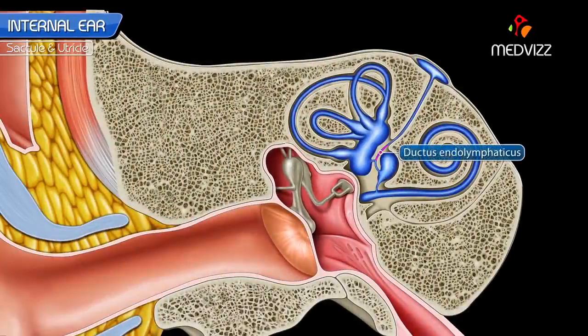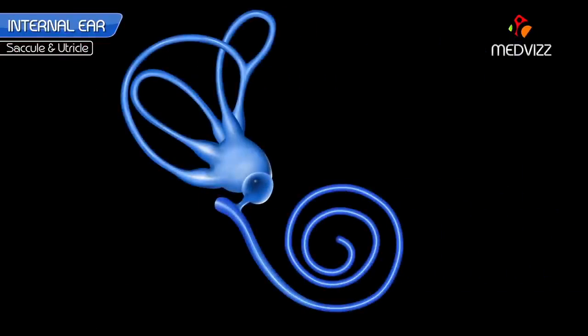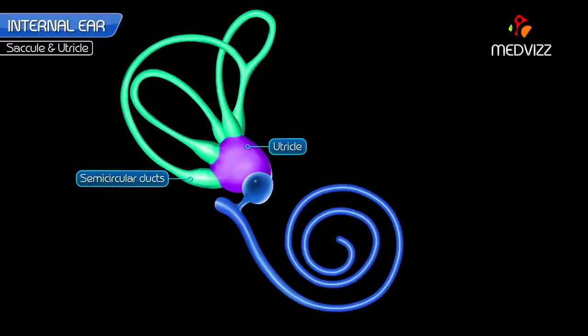The endolymphatic duct passes through the aqueduct of the vestibule in the posterior part of the petrous temporal. Its dilated terminal end projects onto the posterior surface of the petrous temporal, beneath the dura mater of the posterior cranial fossa. The utricle receives the three semicircular ducts posteriorly through 5 openings. Semicircular ducts.